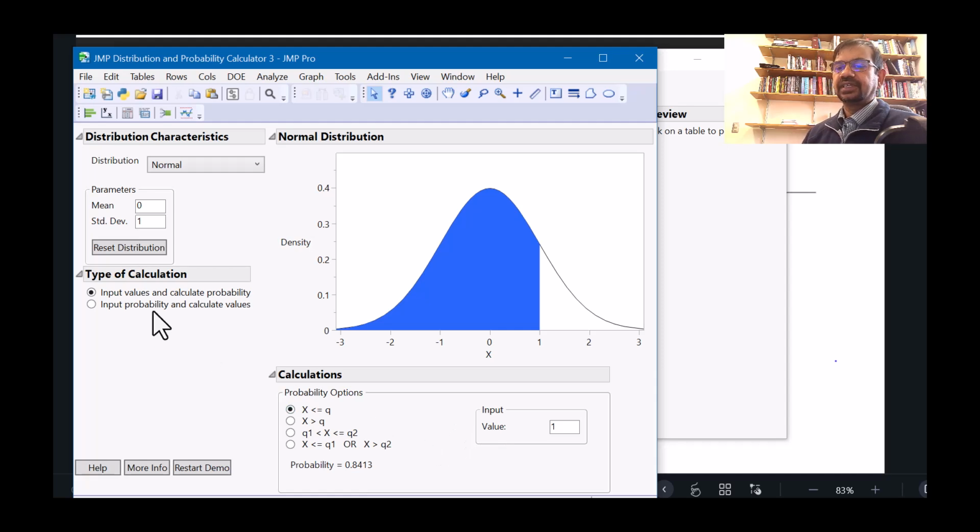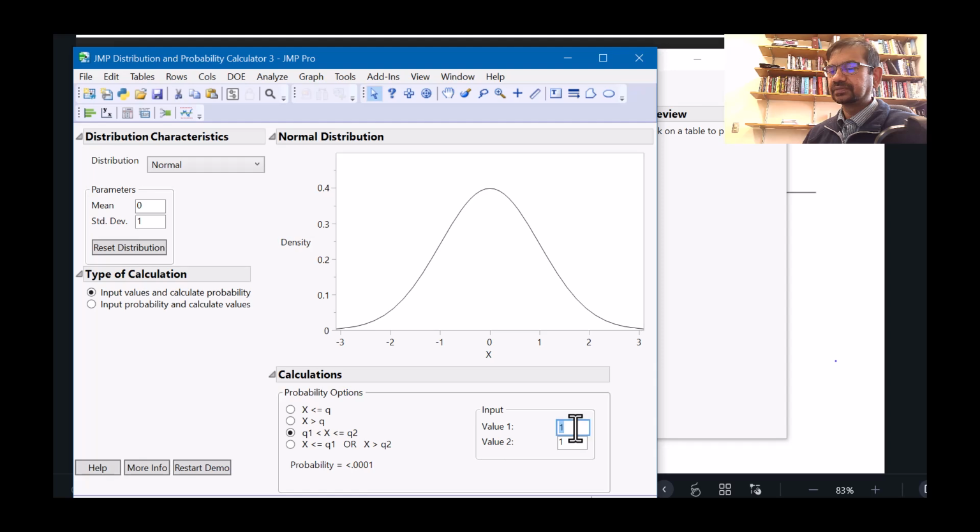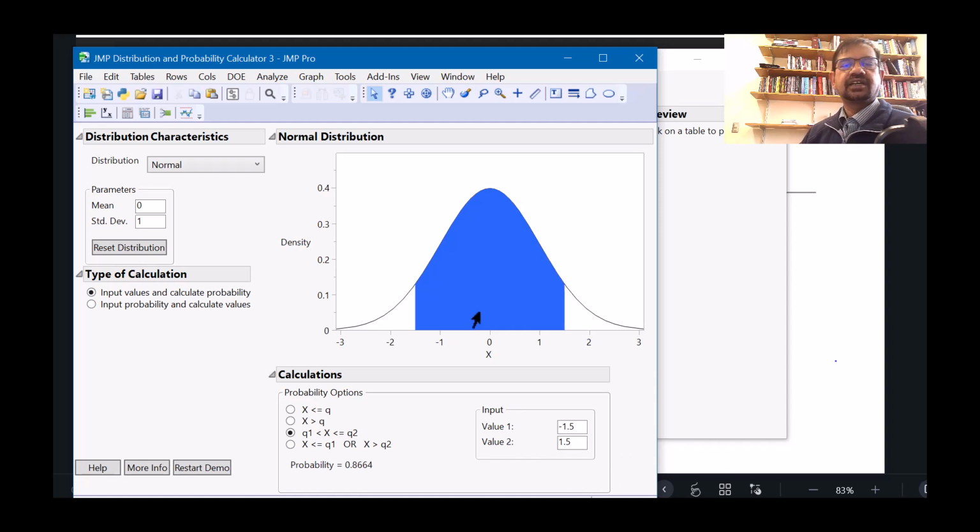So if I wanted to find the probability that the value lies, let's say, between minus 1.5 and plus 1.5, you can input the values and calculate the probability. So I'll choose minus 1.5 and plus 1.5. And we get the probability that our value z lies between minus and positive 1.5 would be 0.866.